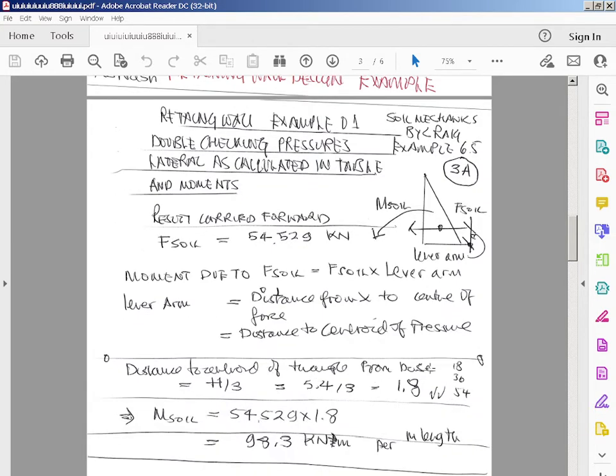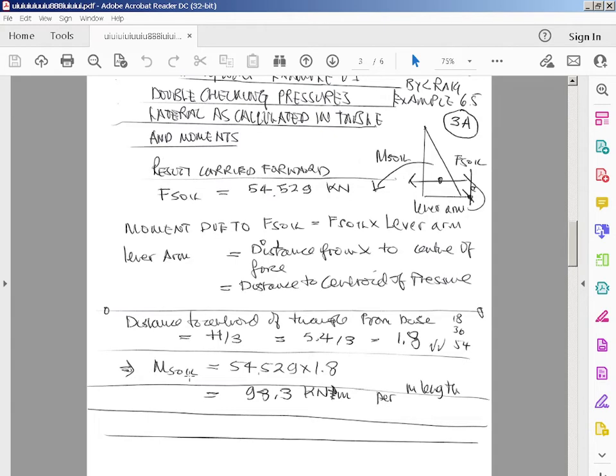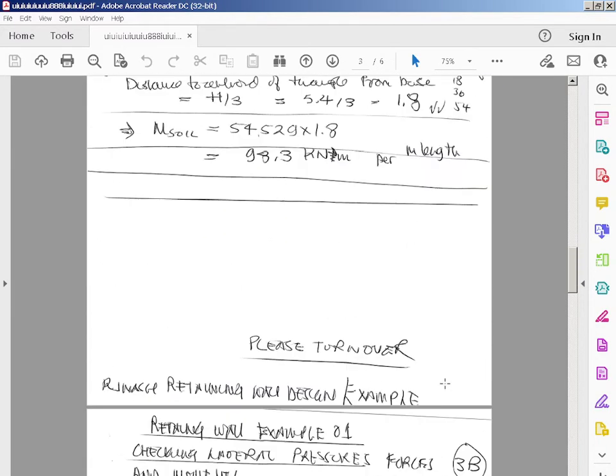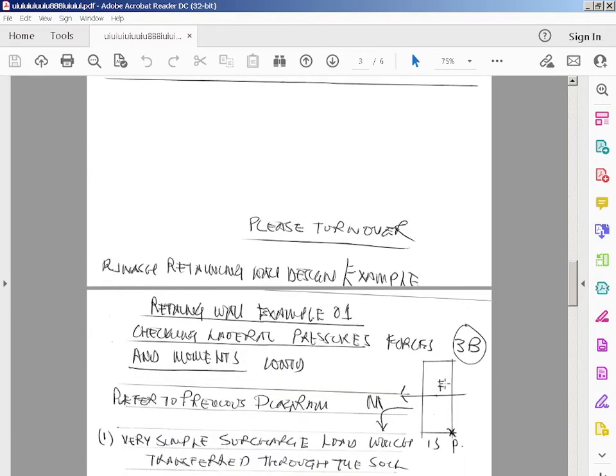The distance to the centroid of the triangle from the base is h/3, equals 5.4/3, equals 1.8. Therefore, the overturning moment due to the soil is the force, 54.529, times the lever arm, 1.8, which is 98.3 kilonewton meters per meter length. So that's all really easy. When you look at it again, it's really simple.